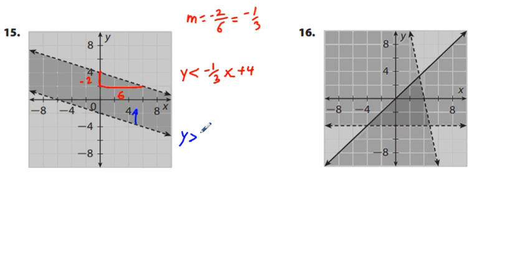Our y-intercept here is -2, so I'm going to put -2 down here. And for the slope, being parallel to the first one, we're going to have -2 and then 6, so it's going to be reduced to negative 1/3.